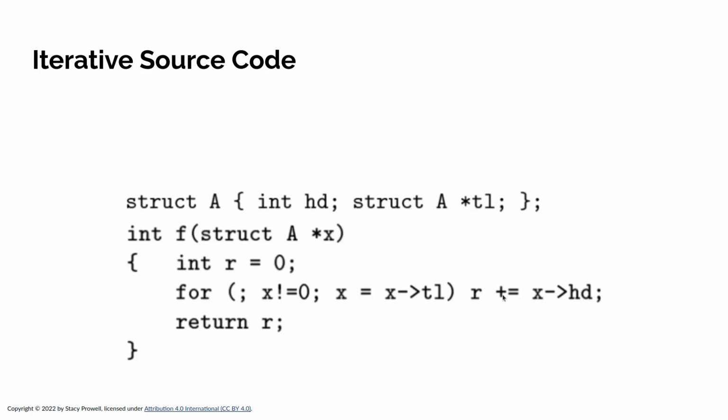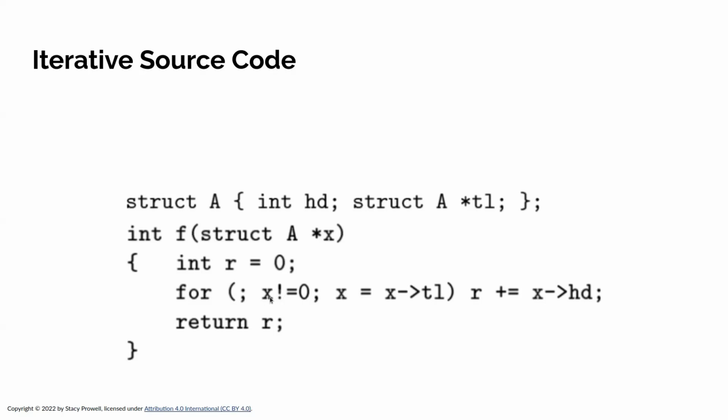It adds whatever's in the head to R. And then it's going to set X equal to the tail of X, and then go back around the loop again, check to see if this is null, do this, go back around the loop again. And so you get this nice little pattern through the for loop. You terminate when you hit null.